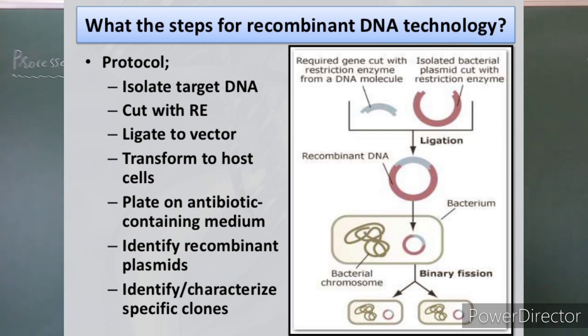Next, this recombinant plasmid containing bacteria we transfer onto a medium for culture. The next step is extracting the gene product, and the last step is purification of the product. So these are the sequential steps involved in recombinant DNA technology.